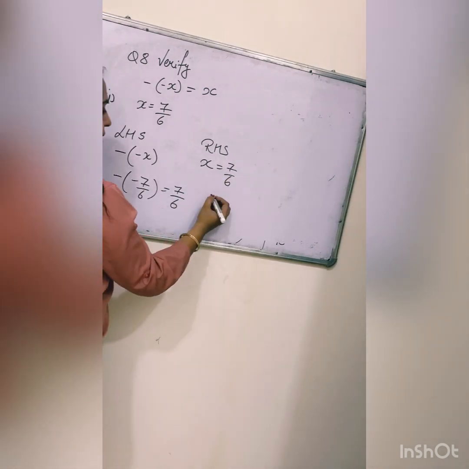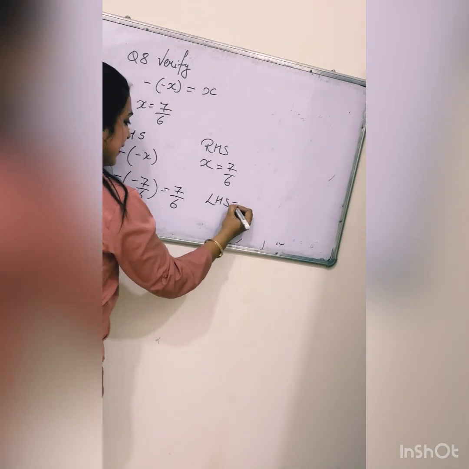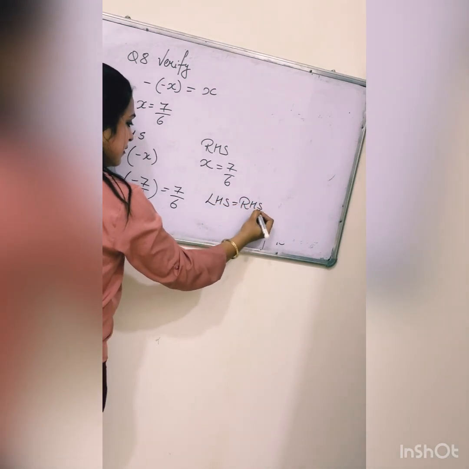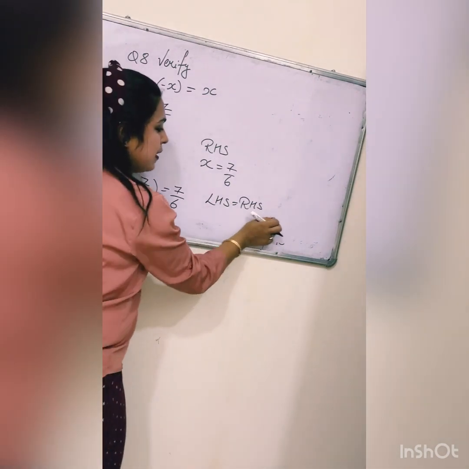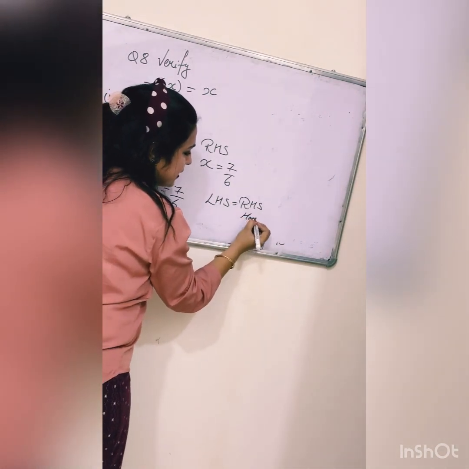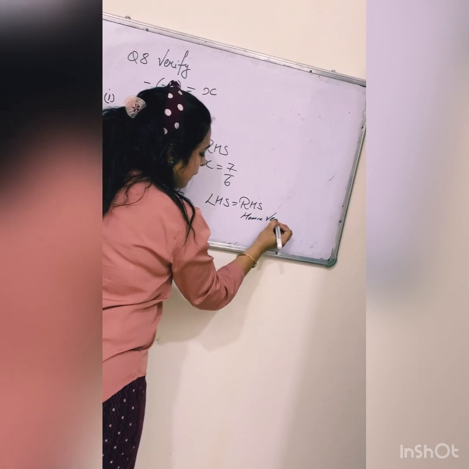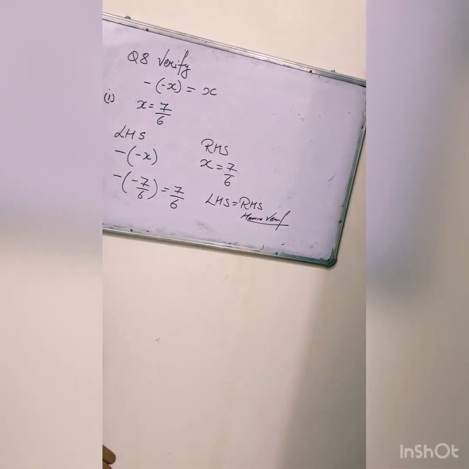So left hand side is equal to right hand side. Hence verified. Left hand side is equal to right hand side. Okay, so the second part you are going to try by yourself. Very simple, taking left hand side and right hand side and verifying it.